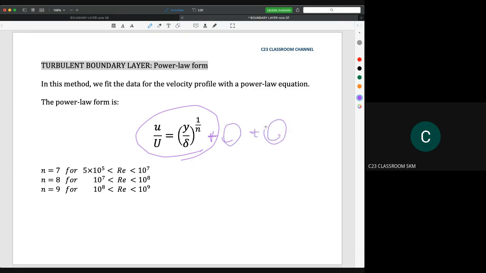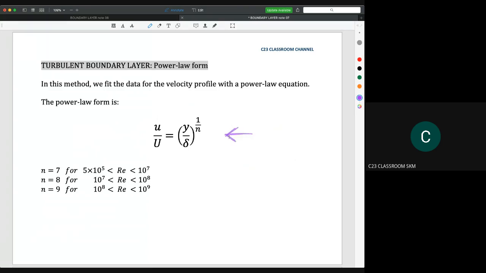You could check yourself whether your answer is correct or not if your velocity profile for turbulent boundary layer has some additional terms like this. So in turbulent boundary layer, we assume that the velocity profile is given in this form.